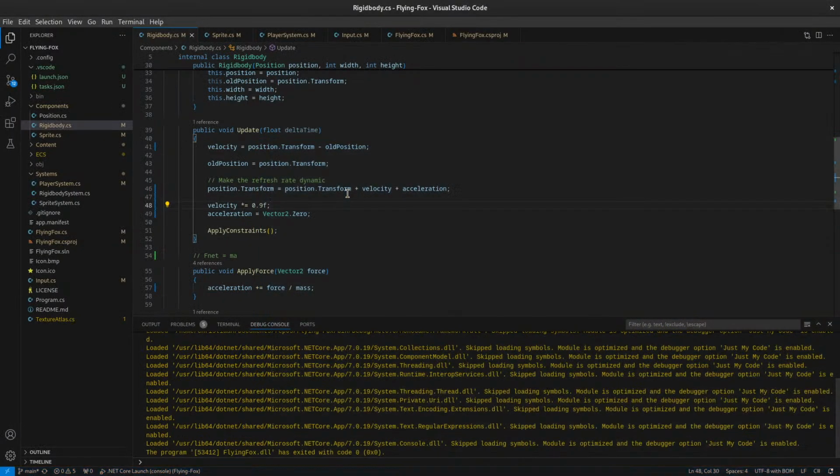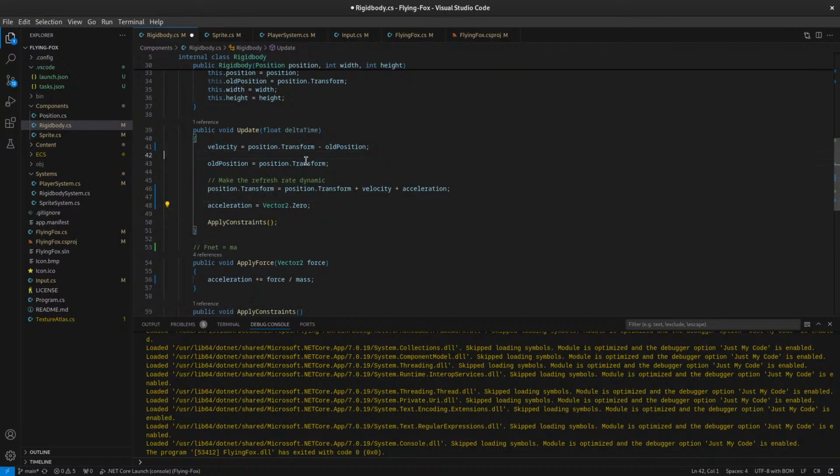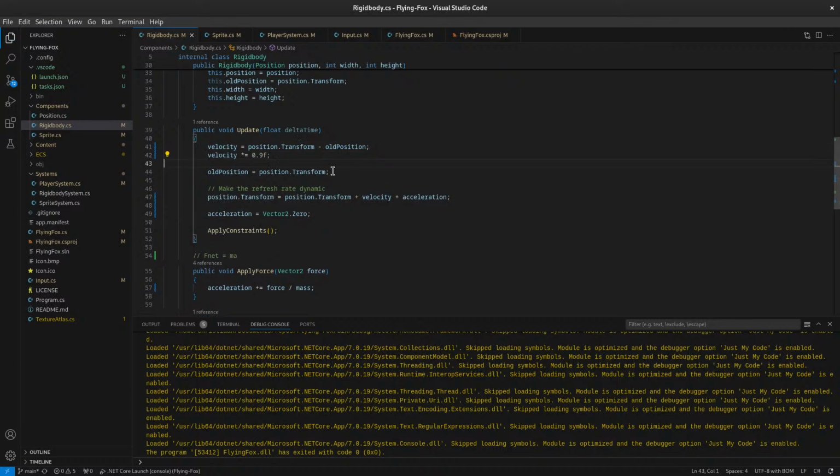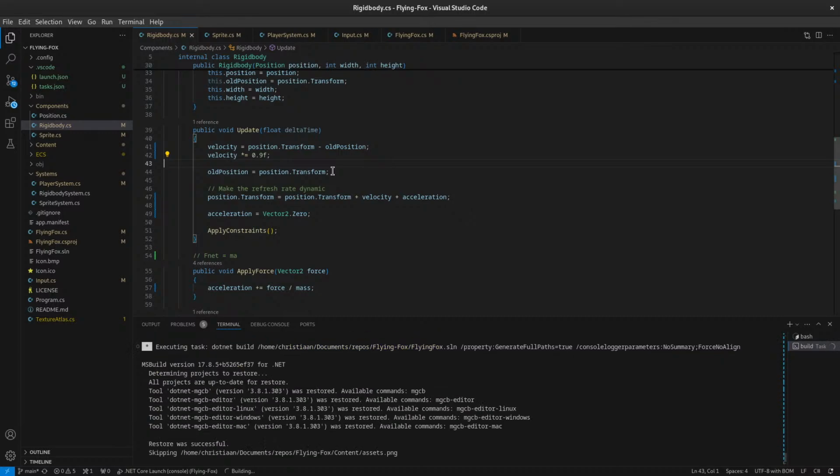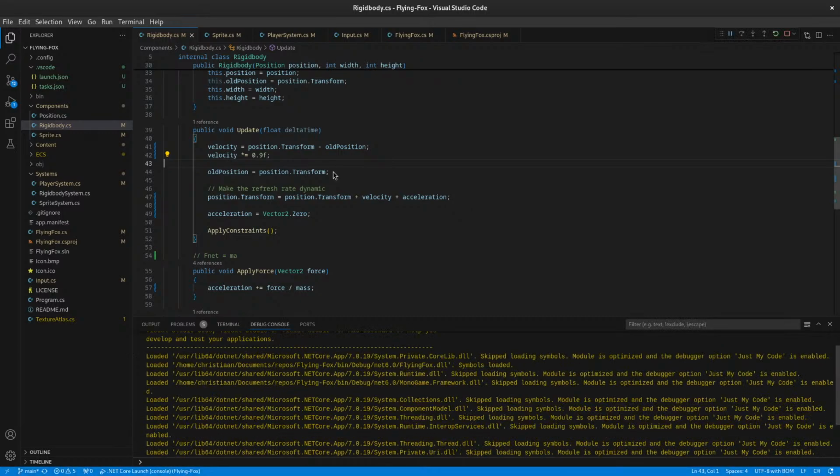Not working. Why is it not working? Because we're doing it at the wrong place. Order is important. So you can see it's stopping now. This is the damping force.